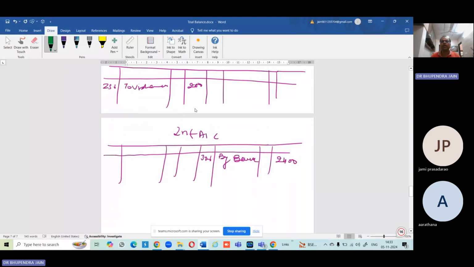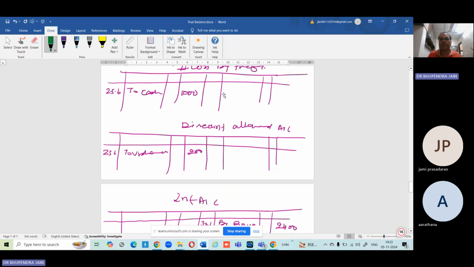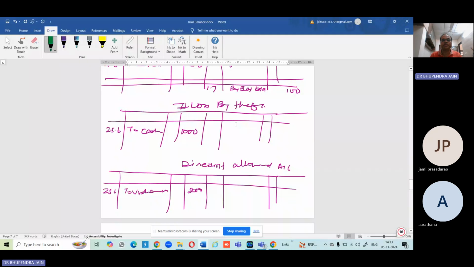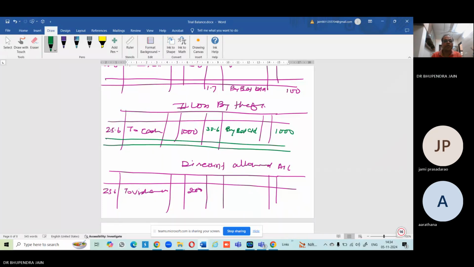Okay, this was left from our last class. I think 2-3 entries we have left in the last class. Just close the balance. Loss by theft account: here we have to write on 30th June, by balance c/d 1,000, and on 1st of July, to balance b/d 1,000.